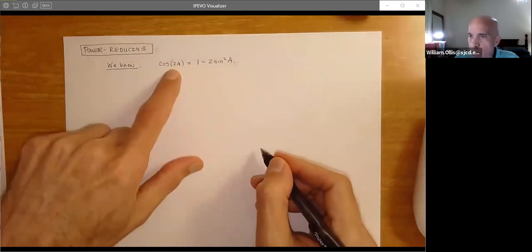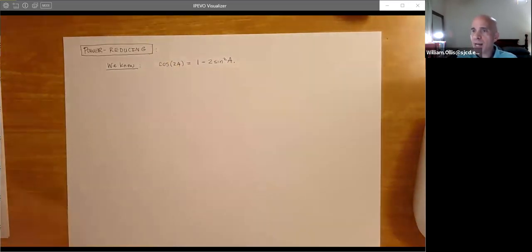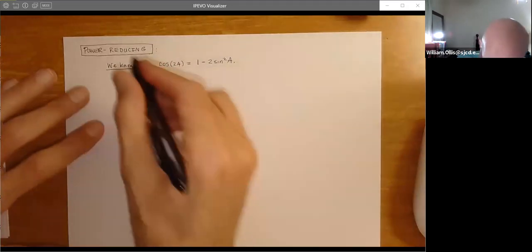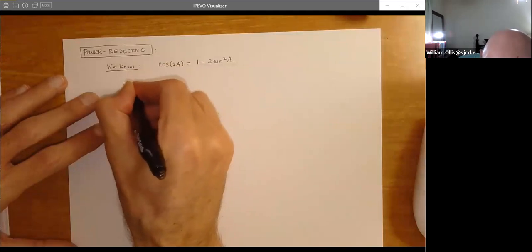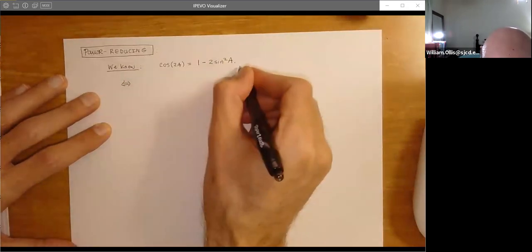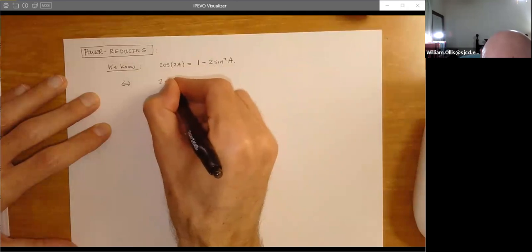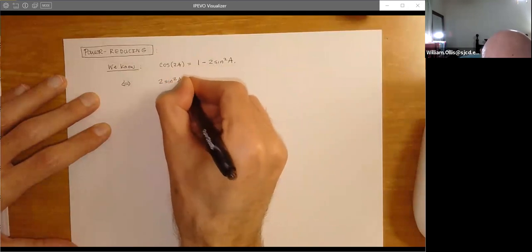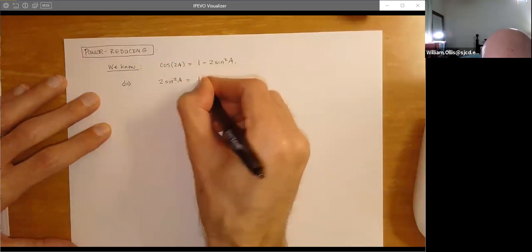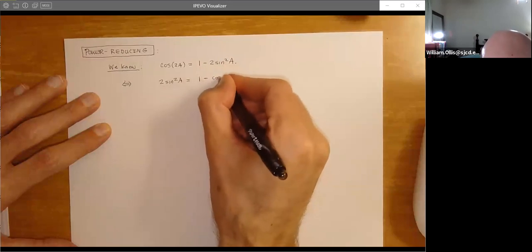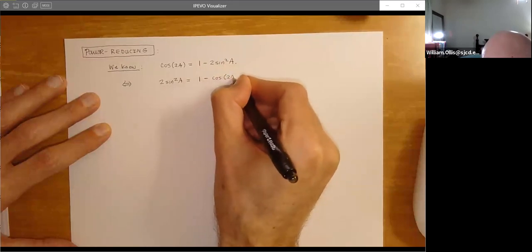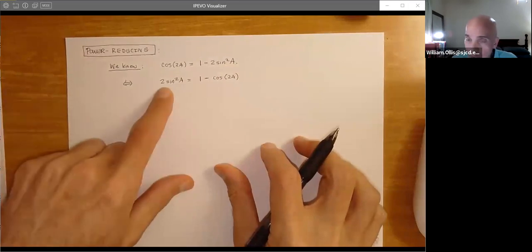That's a square, that's a first power. So let's rearrange it to write sine squared as a first power of cosine. So equivalently, take this over and take that over. So we have 2 sine squared A. I want to do these derivations because they're important. Otherwise, you're not going to believe me. The same old thing as I said before. And now divide by 2.